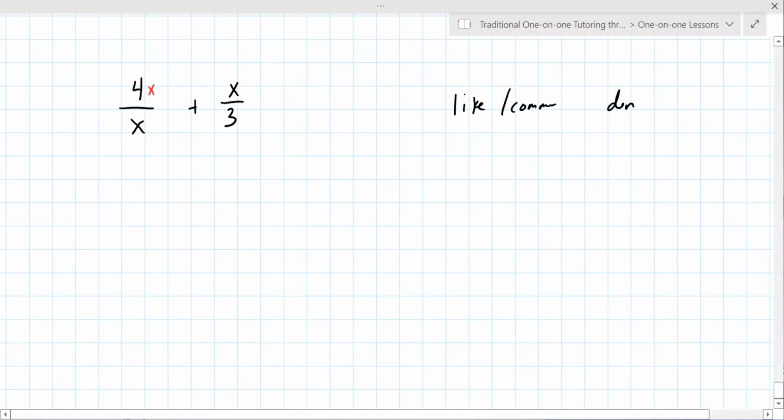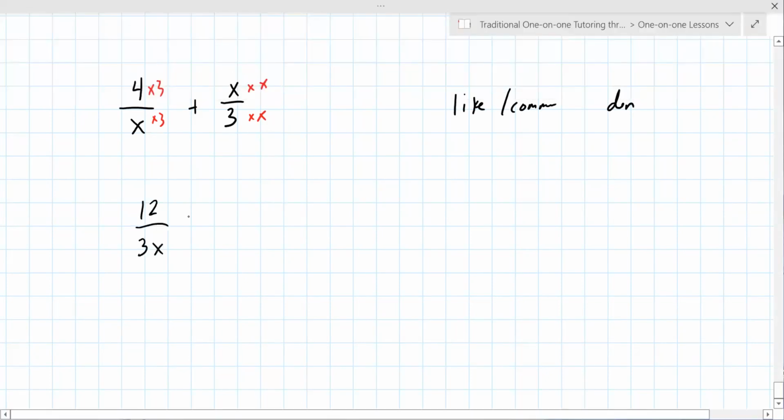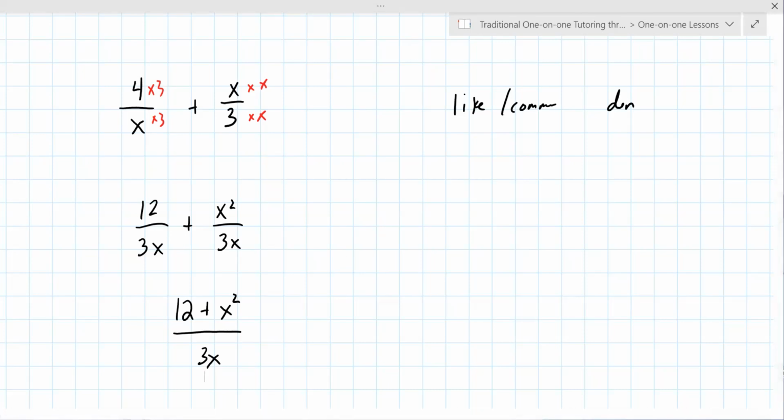So sometimes it's as simple as multiplying them together. Okay, and that's the first case. So it's 12 over 3x plus x squared over 3x, and the numerator becomes 12 plus x squared over 3x, something like that.